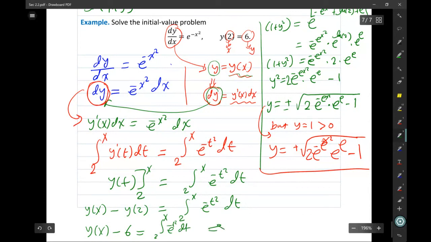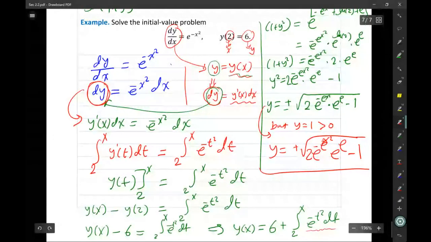Take the minus 6 to the other side, and y of x is equal to 6 plus the integral from 2 to x of e to the power minus t squared dt. And leave it as it is, because there is no integration for e to the power minus t squared.